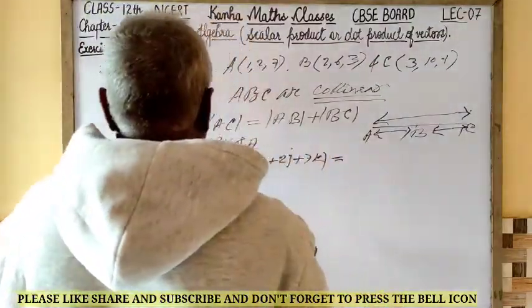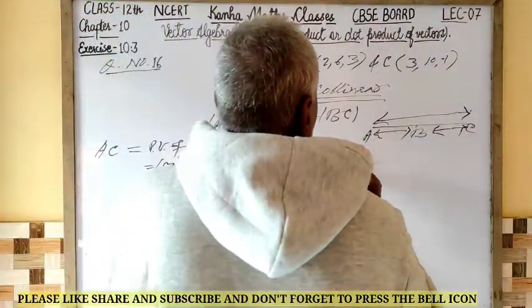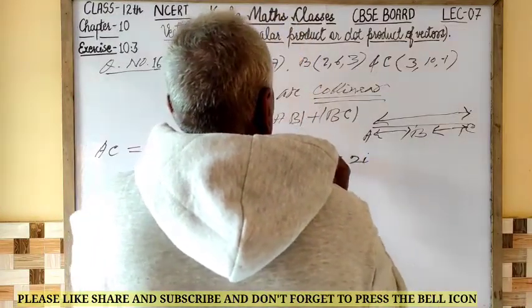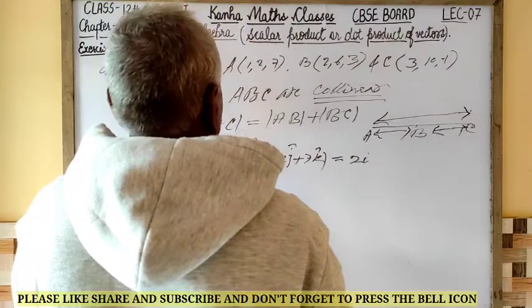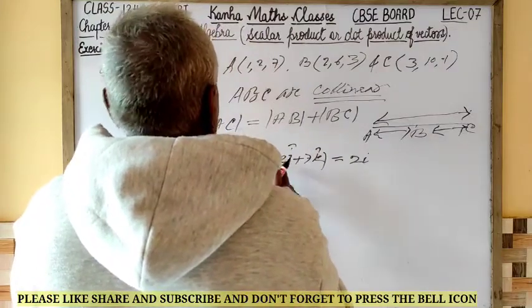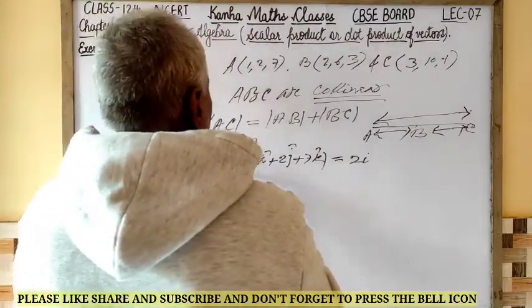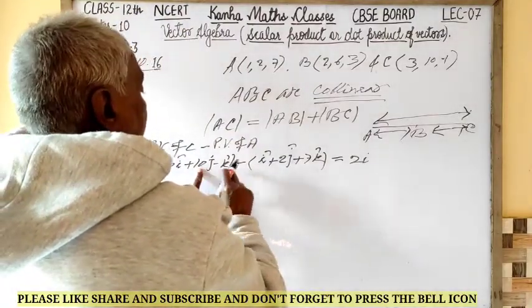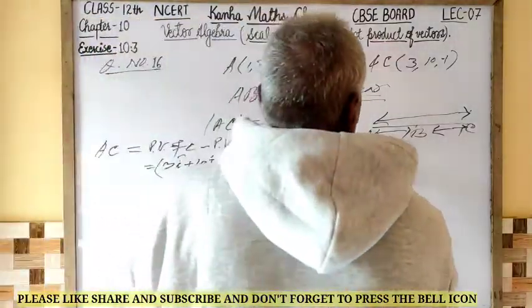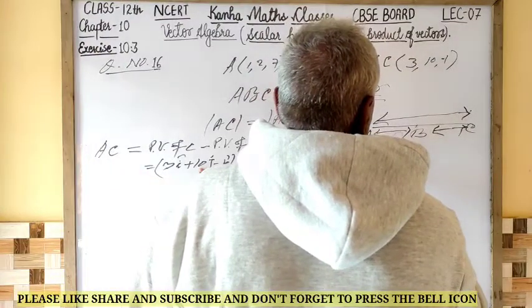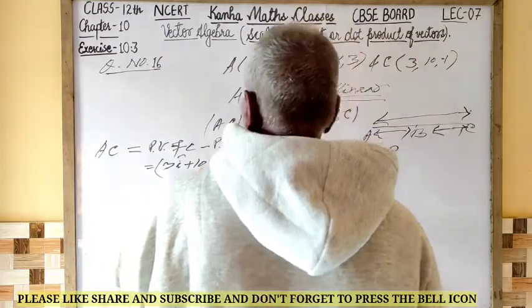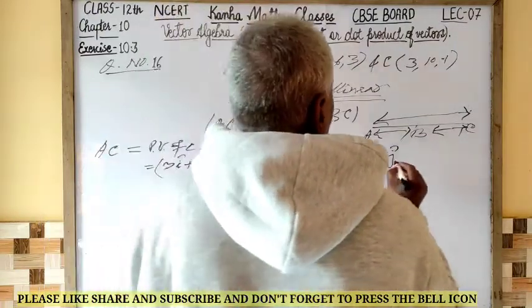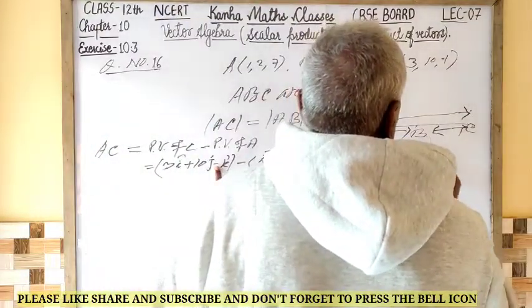If you solve this, 3i minus i means 2i, 10j minus 2j is equal to 8j, and minus k minus 7k is minus 8k.